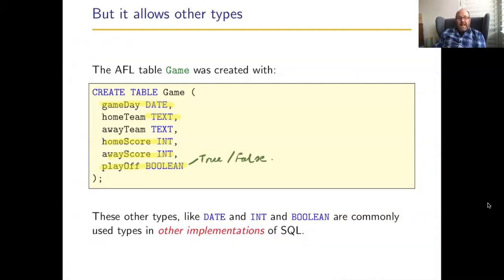Okay, so what's happening? Why does SQLite allow us to declare things of type date and int and Boolean when it doesn't actually have those types? The reason is that things like date, int, and Boolean are very commonly used in other implementations of SQL.